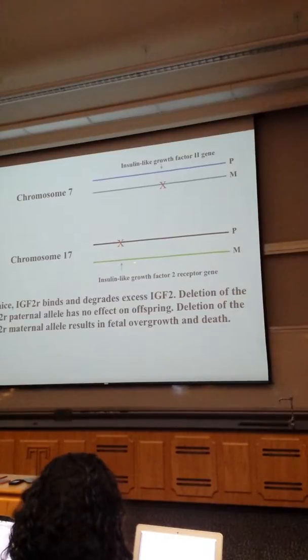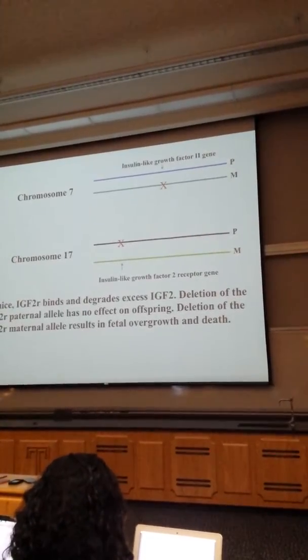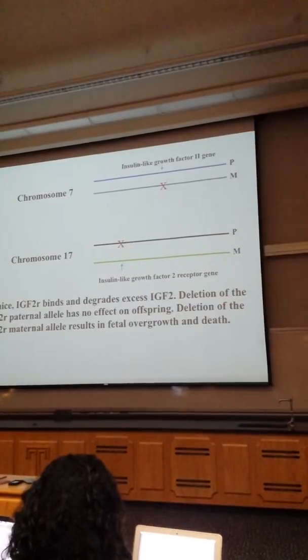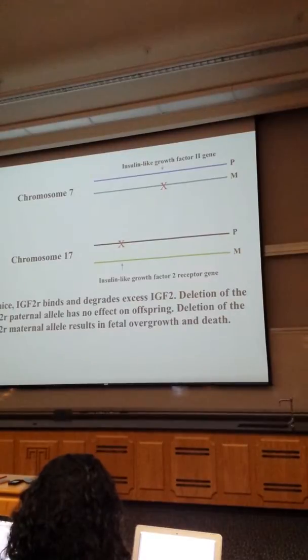However, if you mutate and inactivate the maternally derived allele, that's another story, because this is the allele that's actually expressed. What you get in this case is fetal overgrowth and death. Okay?